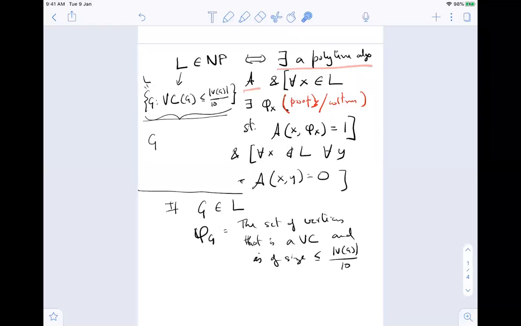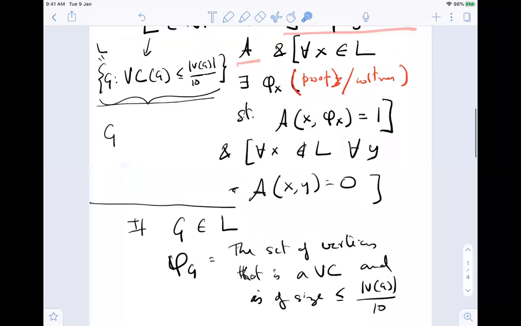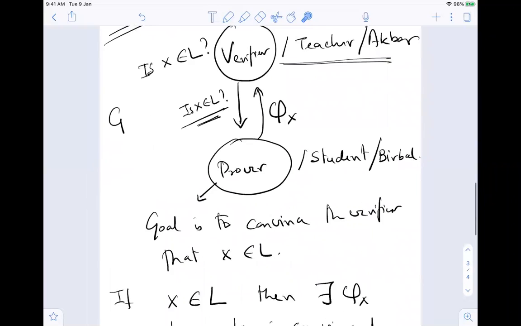See here, there is a slight difference. What is the language P?